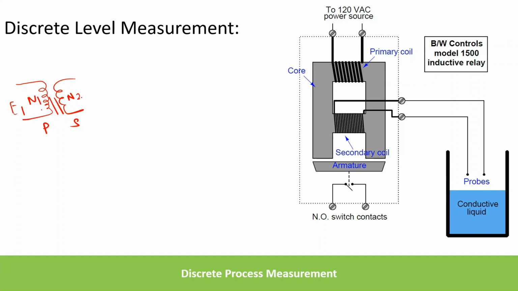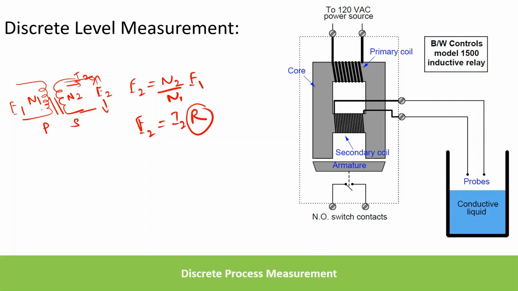N2 is the number of secondary winding turns. This is the E2 voltage, and I2 is the current passing through the secondary winding. So E2 is given by N2 by N1 into E1. E2 is also given by I2 into R, where R is the impedance of the secondary winding.